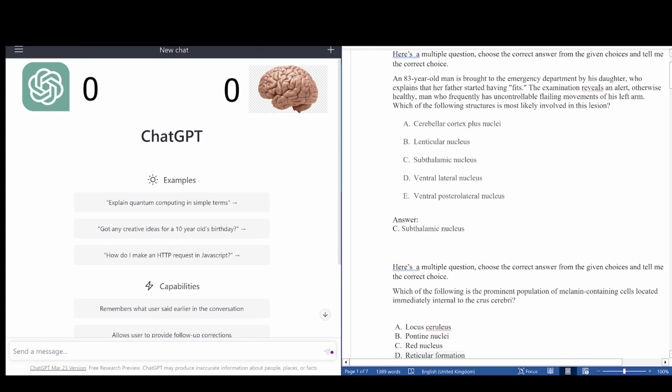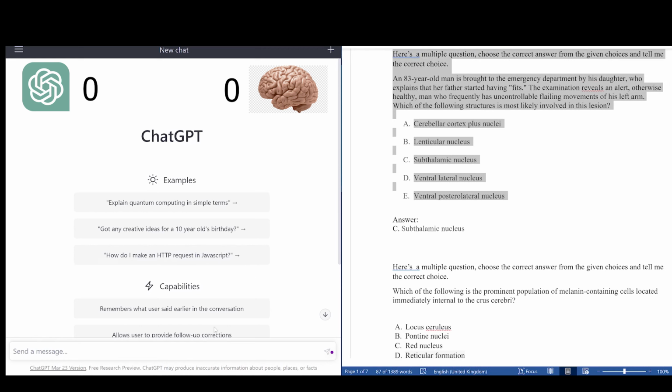Which of the following structures is most likely involved in this lesion? The options are cerebral cortex plus nuclei, lenticular nucleus, subthalamic nucleus, ventral lateral nucleus, and ventral posterolateral nucleus. Okay, let's copy and paste it to ChatGPT, and let's see what the answer is going to be.